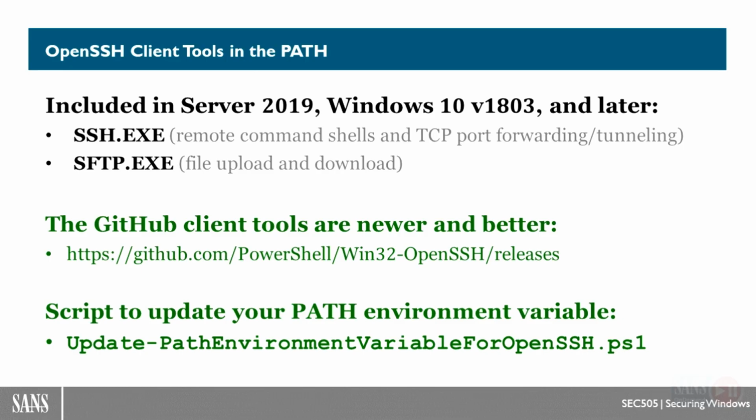When you run ssh.exe or sftp.exe, why is it that you're running the new ones from GitHub instead of the old ones that are built into Windows by default? It's because we're going to update our path environment variable. Your path environment variable has a list of all the folders on your hard drive that Windows searches when you execute a command.